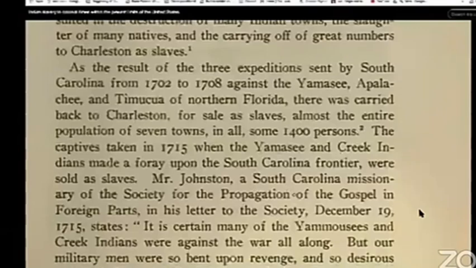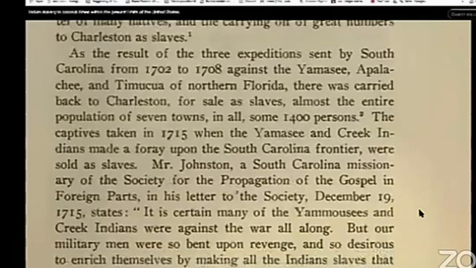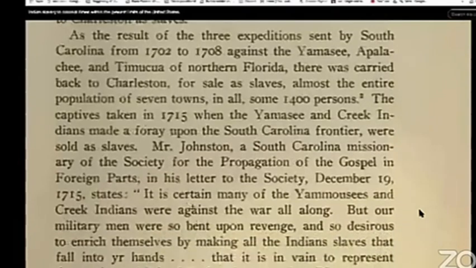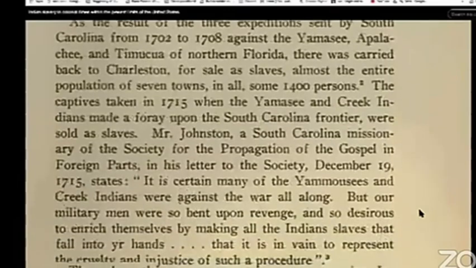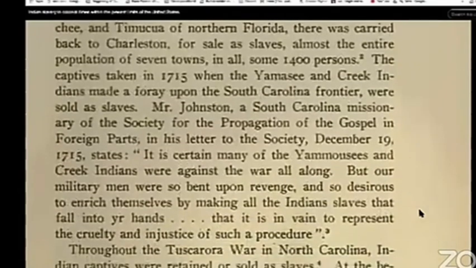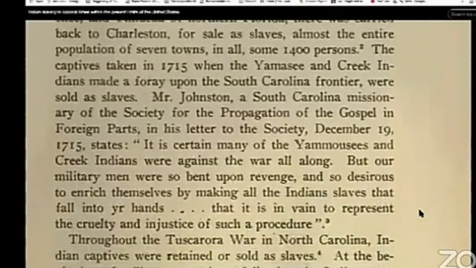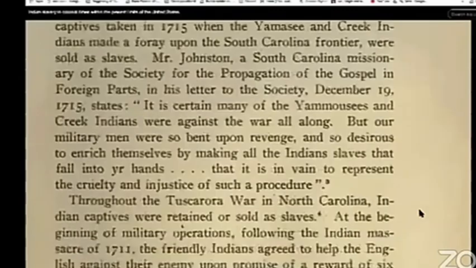Mr. Johnston, a South Carolina missionary of the Society for the Propagation of the Gospel in Foreign Parts, in his letter to the Society, December 19, 1715, states, "It is certain many of the Yamasee and Creek Indians were against the war all along, but our military men were so bent upon revenge and so desirous to enrich themselves by making all the Indians slaves that fall into your hands, that it is in vain to represent the cruelty and injustice of such a procedure."